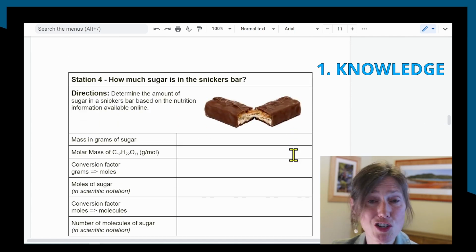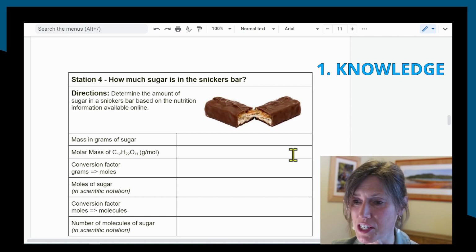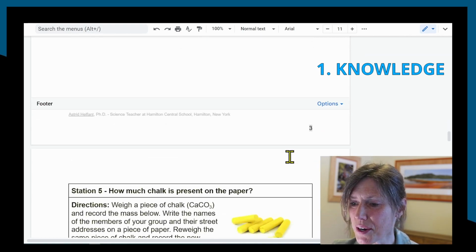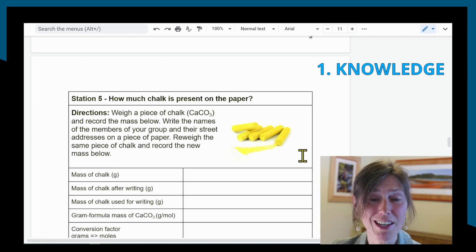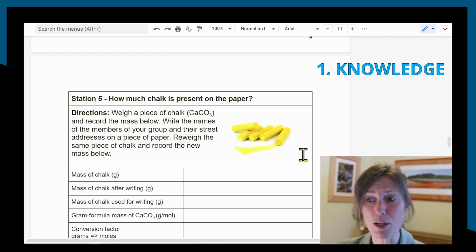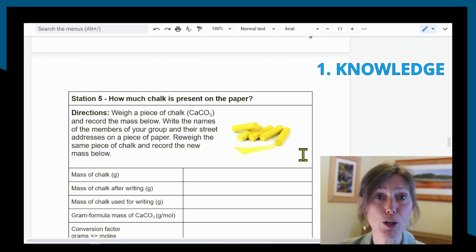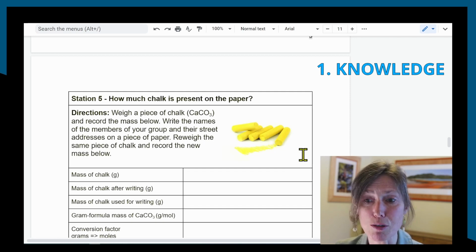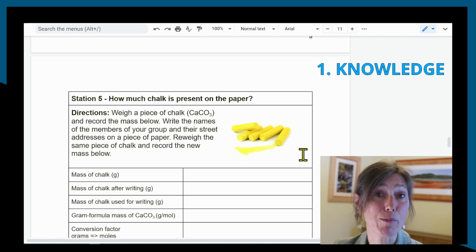We've got additional stations, including a Snickers bar. You can actually hand them out the Snickers bar, or a little less interesting perhaps, have them look up the information online without any Snickers there, but that's no fun. Another station is chalk. They can basically write on a piece of paper all their group members' names and possibly addresses on that paper, which of course loses some chalk.